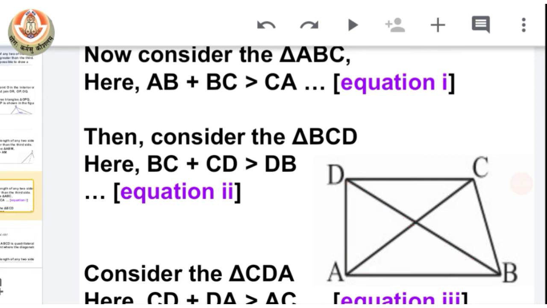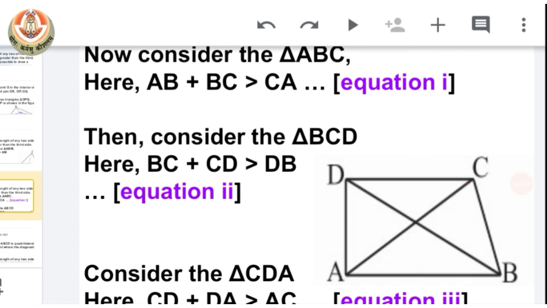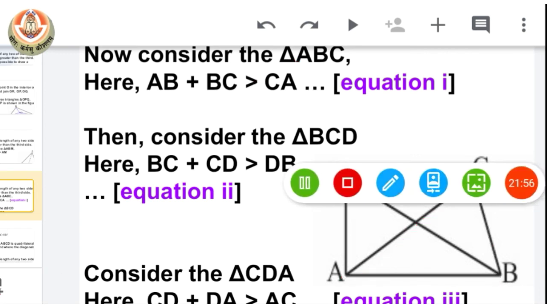So let's start. When we consider ABC as our first triangle, according to the property, AB plus BC, you can see here, AB plus BC is greater than CA. Then we will take another triangle which is BCD.